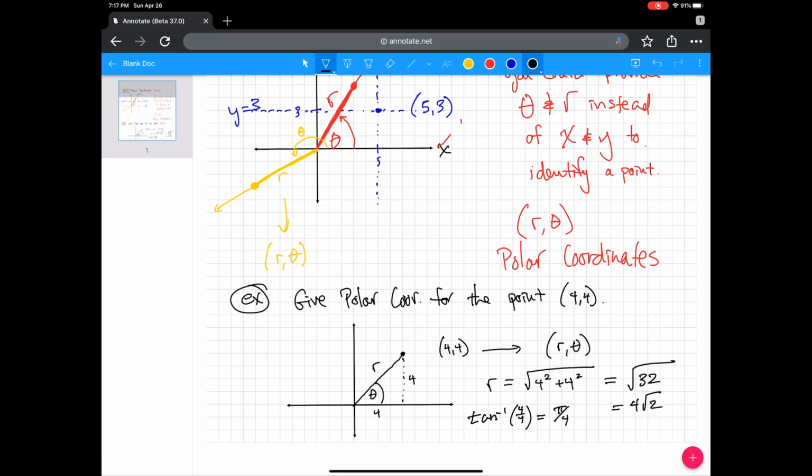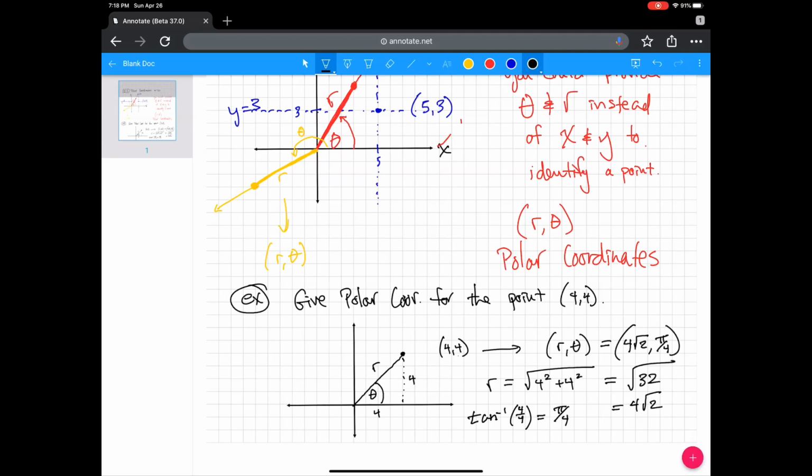We can, of course, see it in this case, and we know that pi over 4 is a 45-degree angle diagonal, or the line y equals x. But nonetheless, you could just simply stick the y divided by the x value of the point into the inverse tangent to come up with the angle. So in this case, r was 4 times the square root of 2, and the angle was pi over 4.